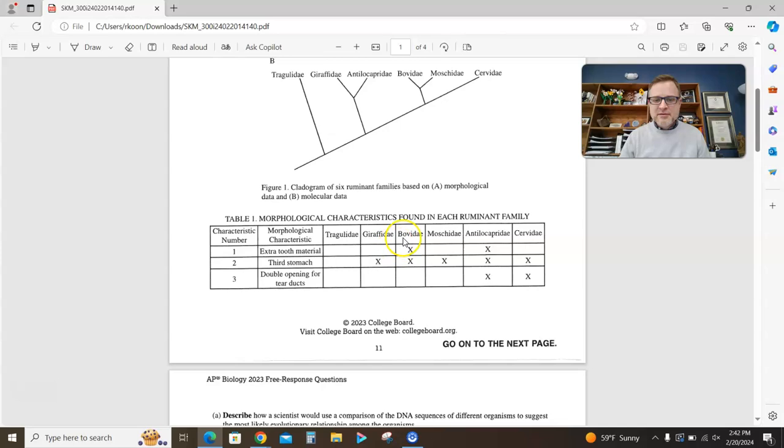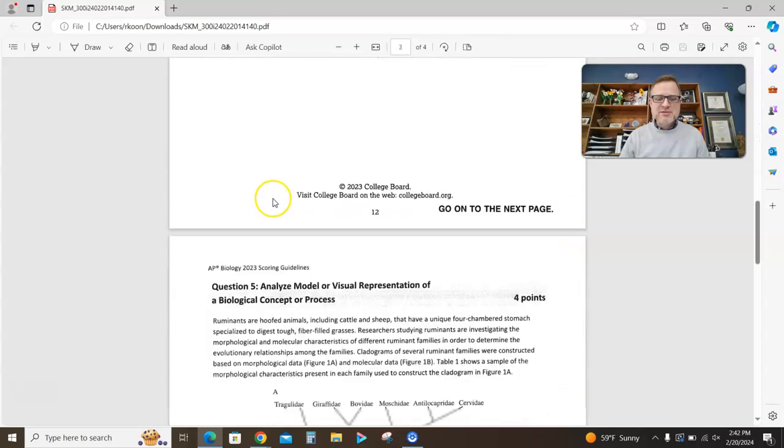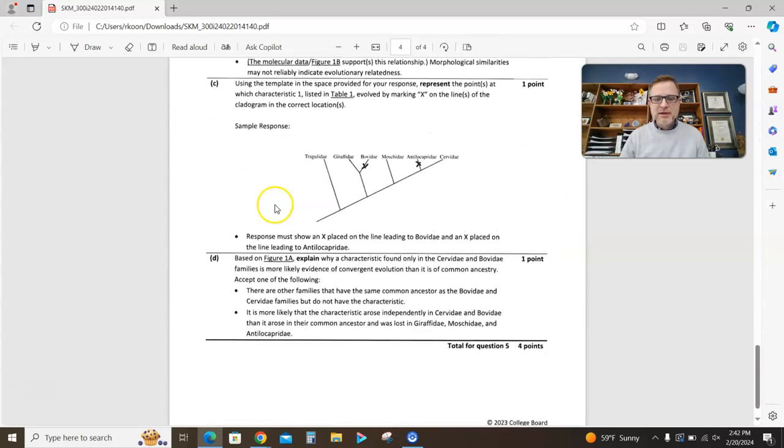So on the chart, looking back here, it has to evolve twice. So it has to appear here going toward Bovidae and here going to Antilocapridae. So you put X's on the line going toward Bovidae and the line going toward Antilocapridae. I think I might be mispronouncing these. If I am, again, I apologize.